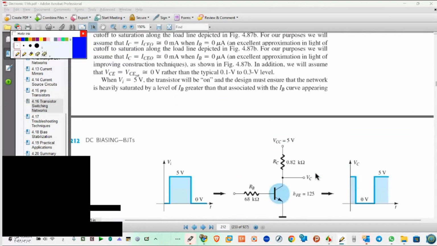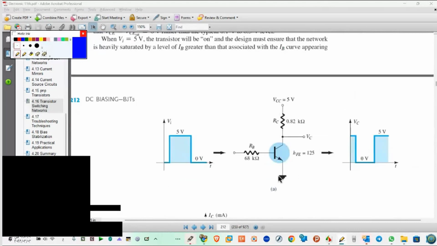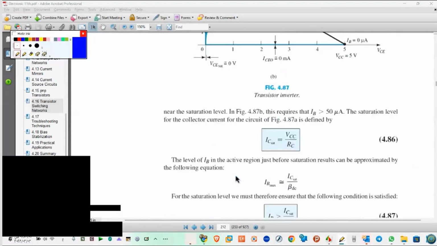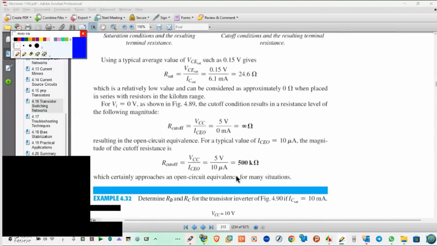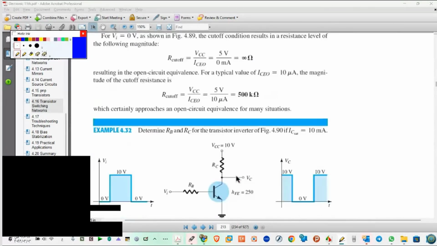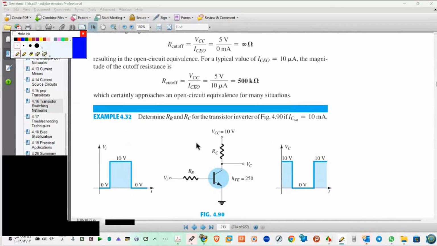In the example in your book, they ask me for a design. What design? For this one, calculate IB max and compare IB with IB max. Now let's take this example. Determine RB and RC for a transistor inverter.